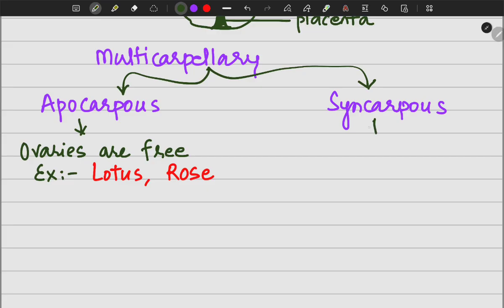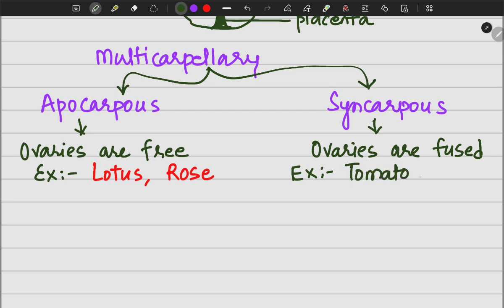While in syncarpus the ovaries are fused. The example of syncarpus flower is tomato and mustard.